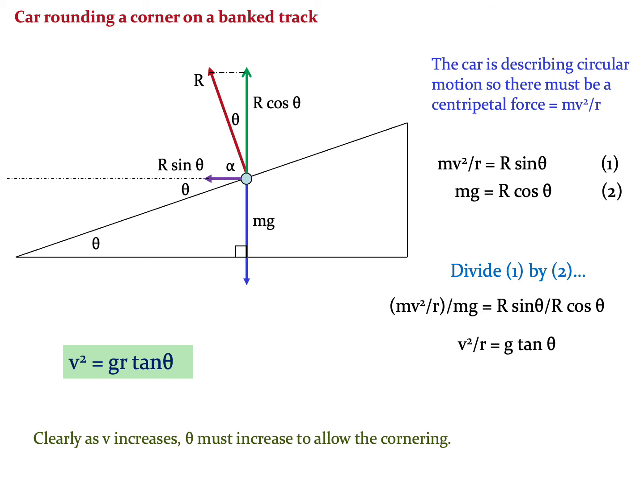So if we imagine a track with a fixed radius, fixed curvature, if the car goes much faster, then theta must increase. That means there's an upper maximum speed a car can go at on these banked tracks. If it goes any faster, it will be unable to take the corner, and of course it could crash. So the faster the car goes, the steeper the bank angle of the track must be.